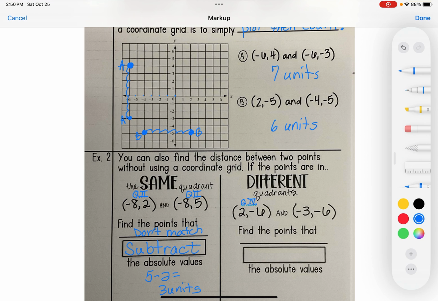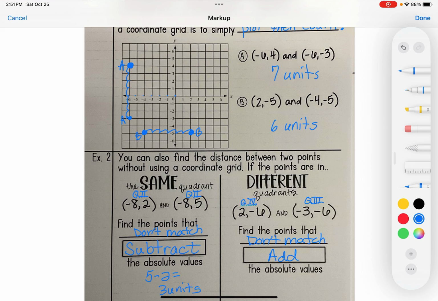And if I go -3, I go to the left, and -6, I go down. So if I go to the left and down, I'm in quadrant 3. So in this situation, I'm in 2 different quadrants. So again, I find the points that don't match, just like before. Only this time, I add them together.